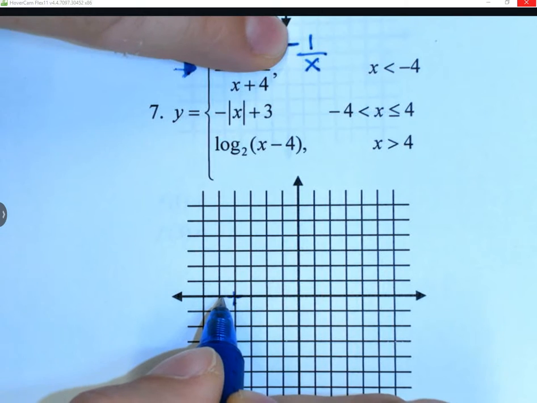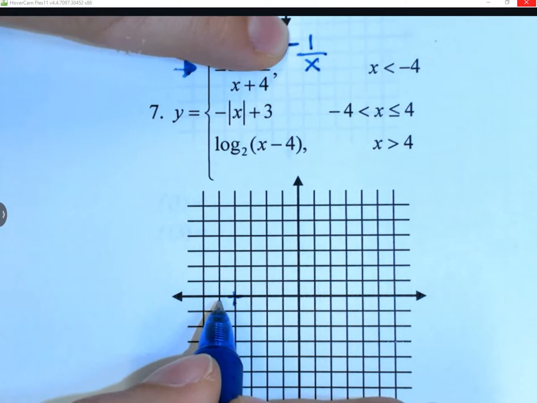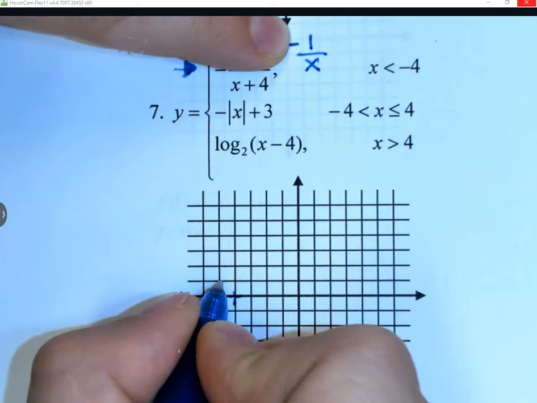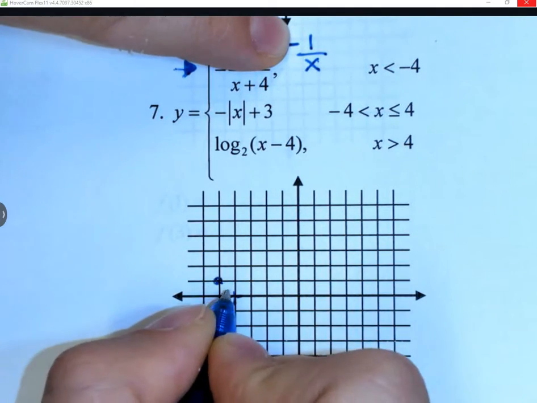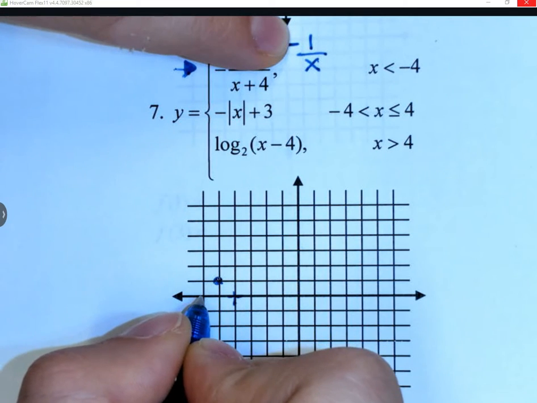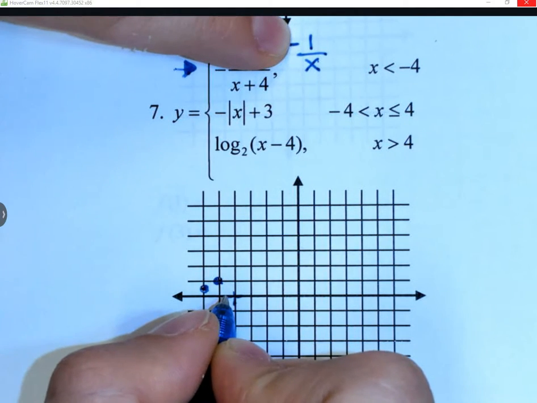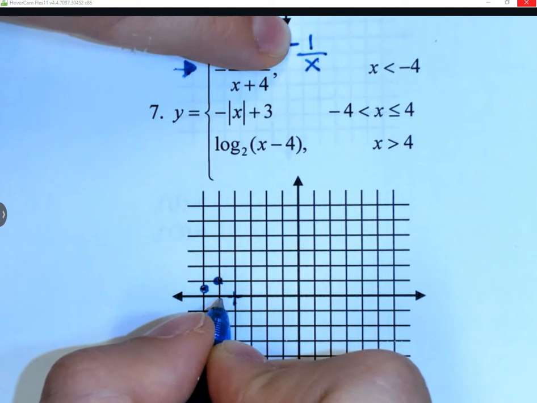So what is -1 divided by -1? Negative divided by negative is a positive. There you go. What is -1 divided by -2? 1/2. Let's go a little bit closer. What's -1 divided by -1/2?